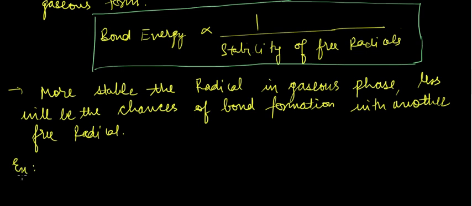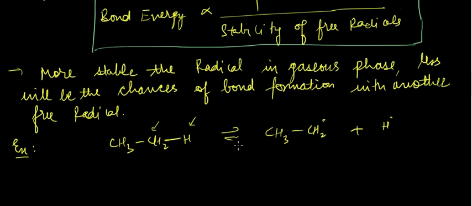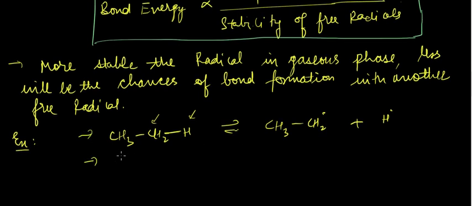So let's say for an example we have to compare the bond energy of this C atom and this H atom. So what we'll do is we'll break that atom into free radical form, into something like this and H dot, and we have to compare the bond energy of this compound with this compound. Let me again write it, CH.